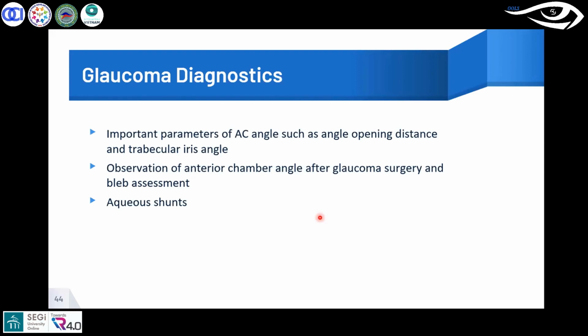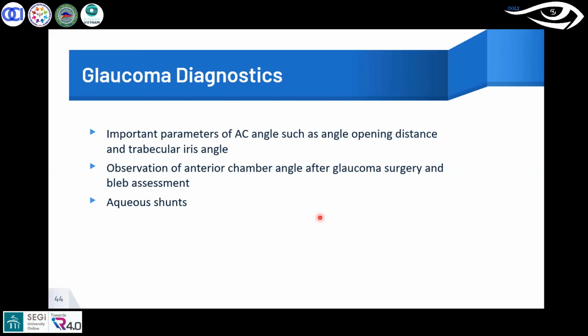So next we are moving on to glaucoma diagnostics. Various parameters of the anterior chamber can be measured by using AS-OCT, like the angle opening distance and anterior chamber width, depth, and pupil diameter, as well as the anterior chamber area.